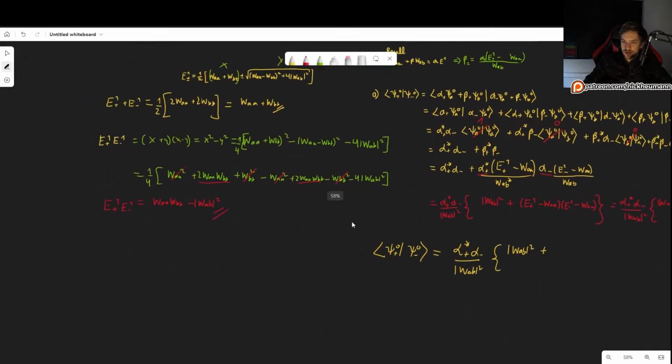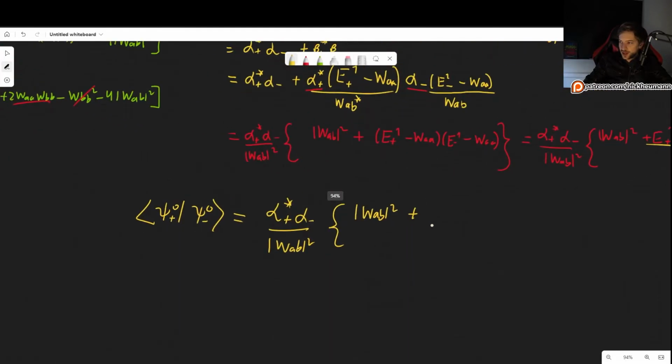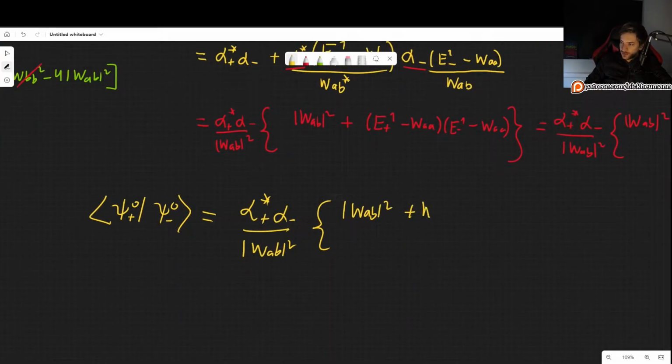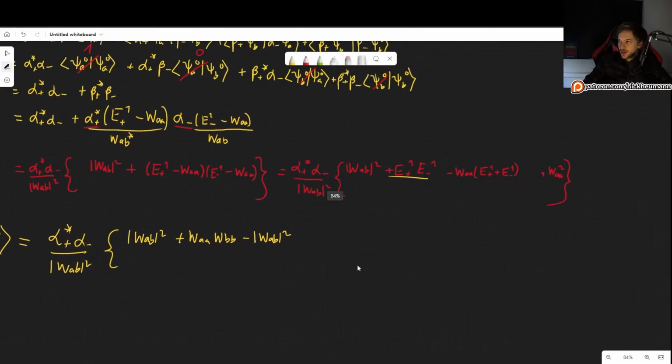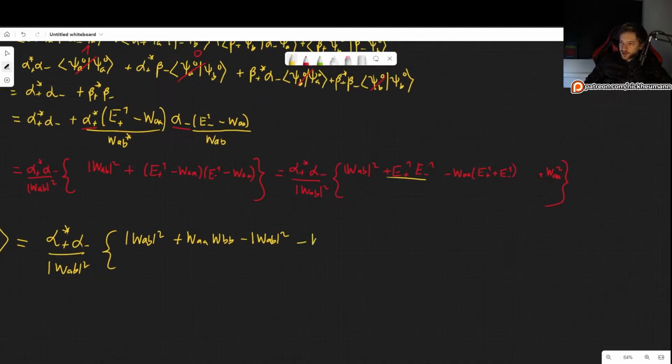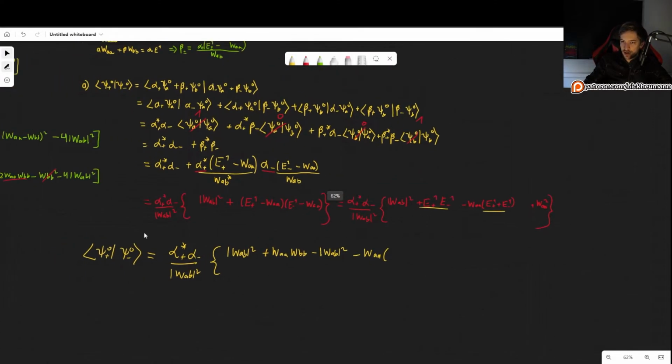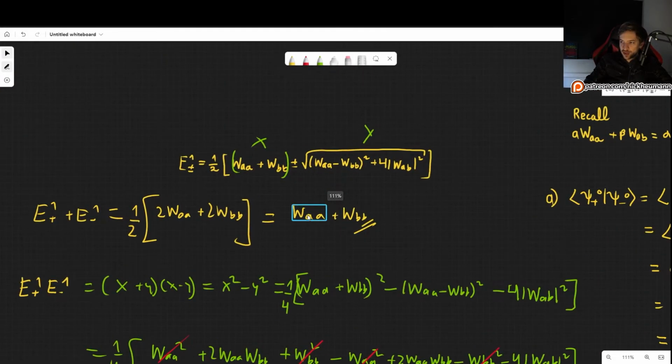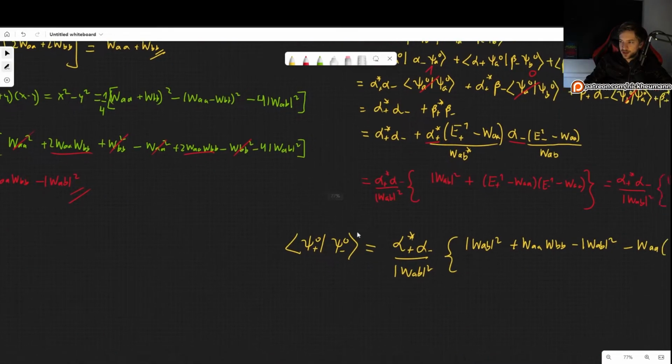The product gave us as a result W_AA W_BB minus the modulus of W_AB squared. Then we have minus W_AA and now times the sum of our energies, which is W_AA plus W_BB.